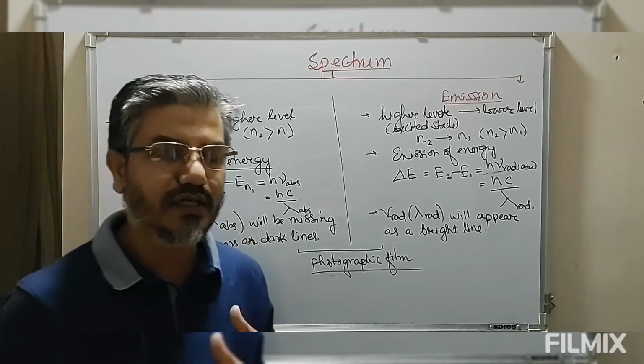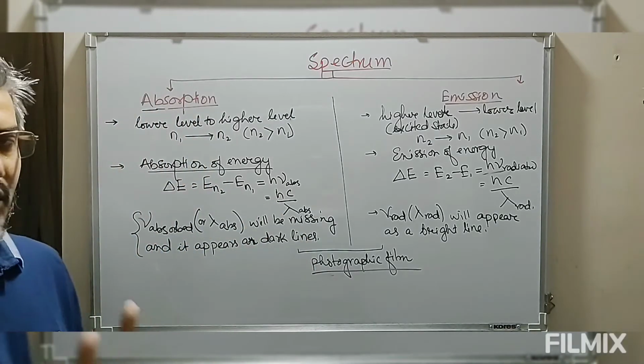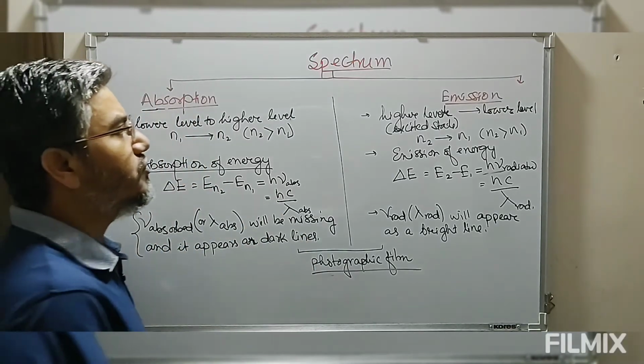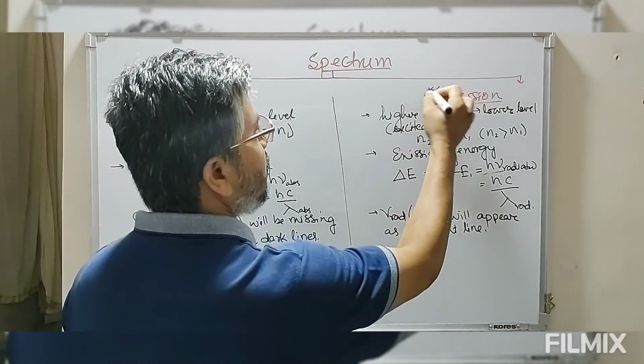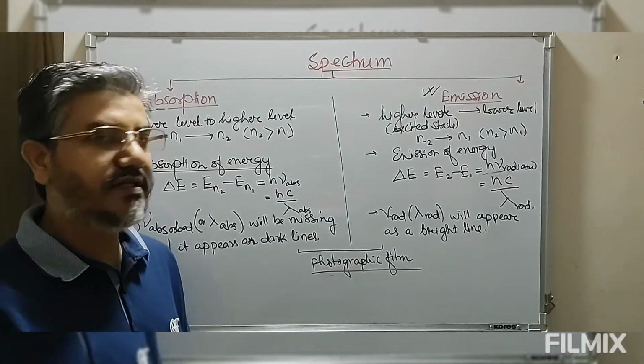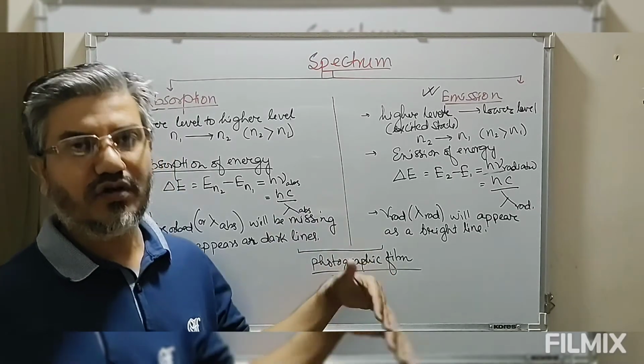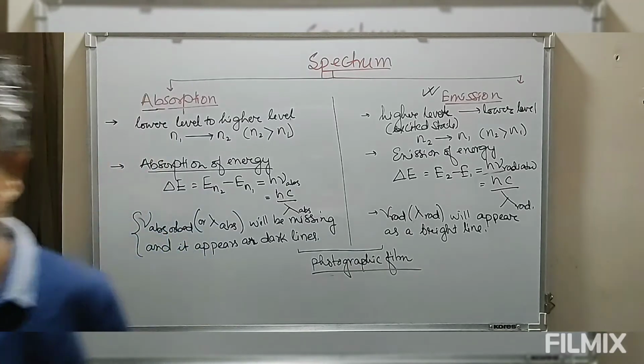Bohr's theory basically deals with one-electron species. So we are going to discuss the spectrum of hydrogen. In that, we are going to use the emission spectrum. We are going to focus on the emission spectrum. So without wasting our time, let's start with this emission spectrum, or the spectrum of hydrogen or hydrogen-like systems.